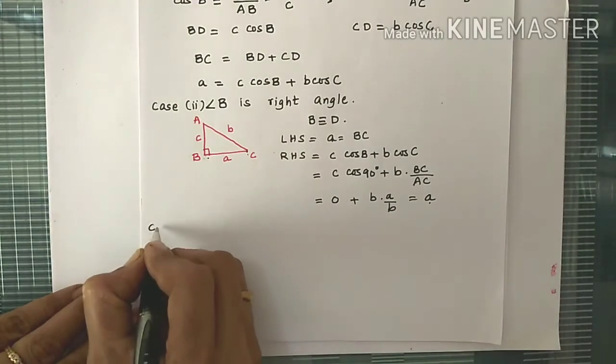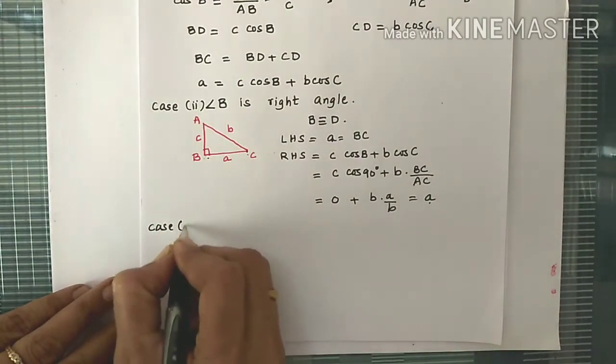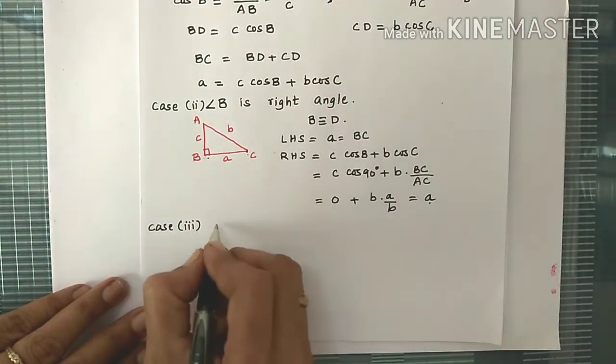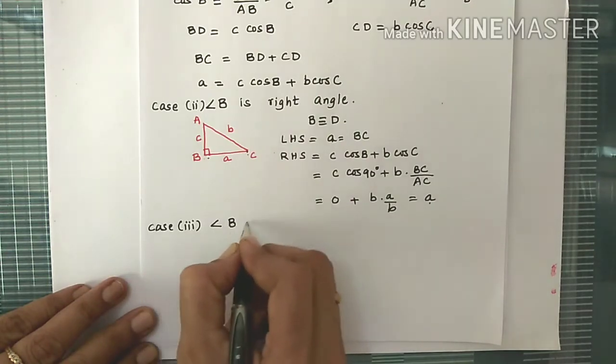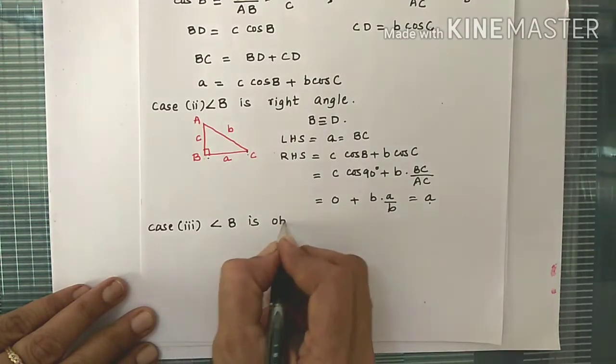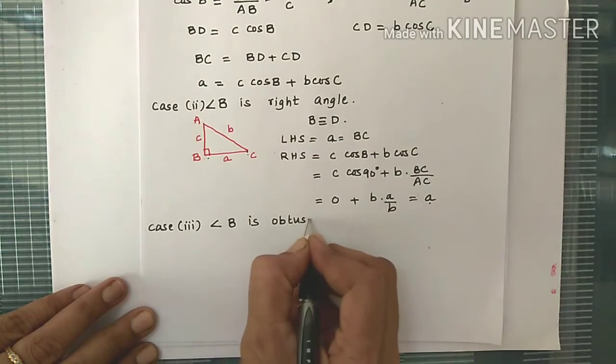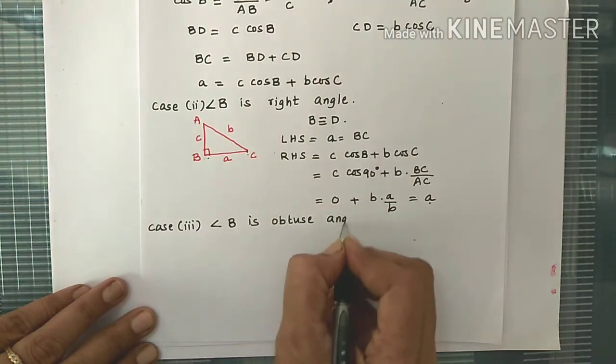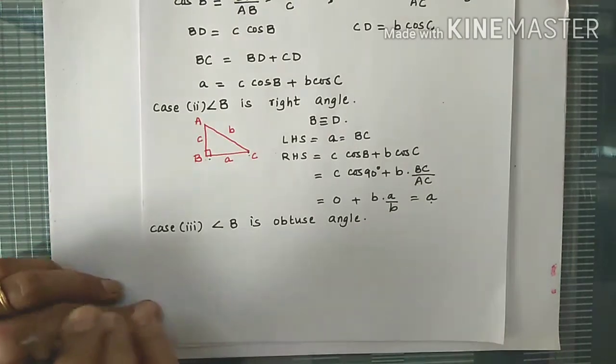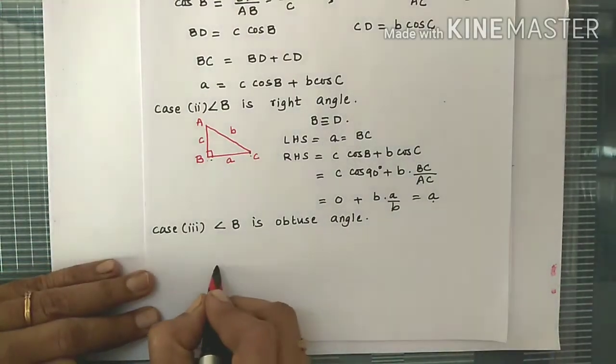Now let's study the third case. The third case is B is an obtuse angle. If B is an obtuse angle, we get the diagram like this.